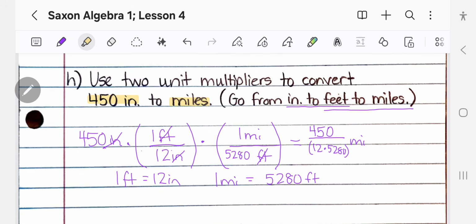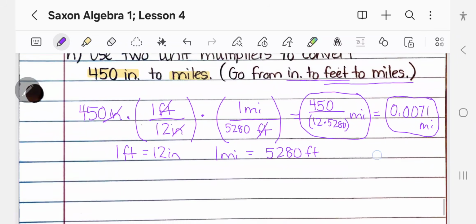So it would make sense that this would have to be a tiny number. And the book does tell us that when you work it out, it is 0.0071 miles. And it's also listed like this. And that's the end of the practice set.